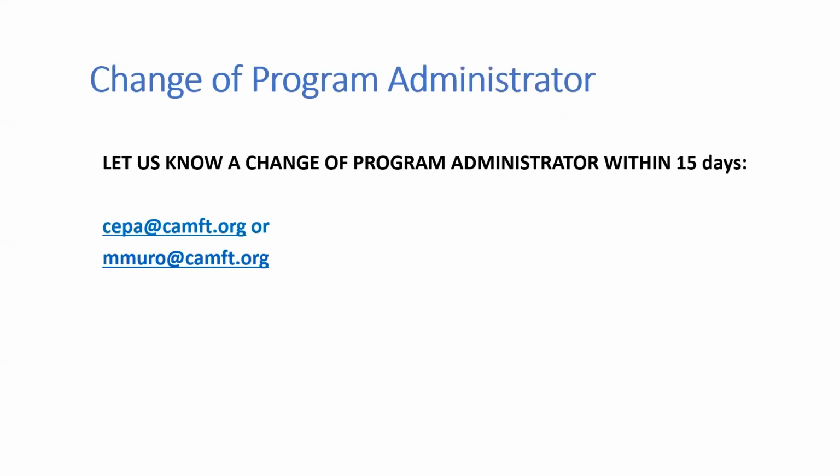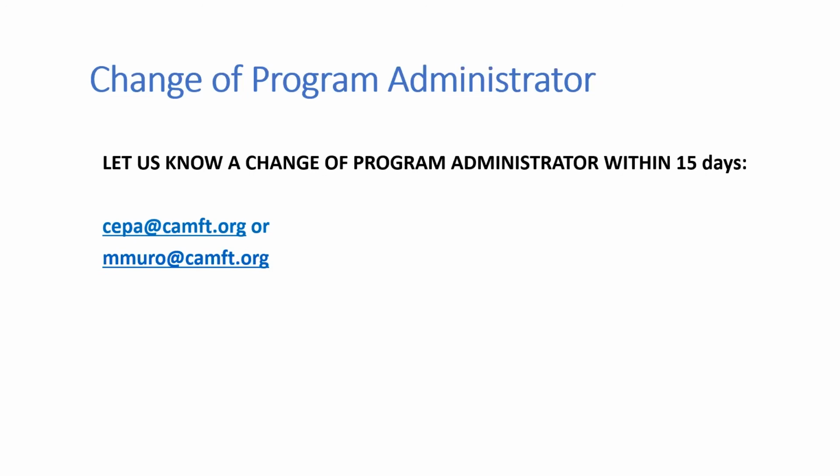So, the change of program administrator. When that happens, because we know that people transition into new roles, perhaps they retire or leave the organization altogether, please let us know if that change occurs within 15 days.